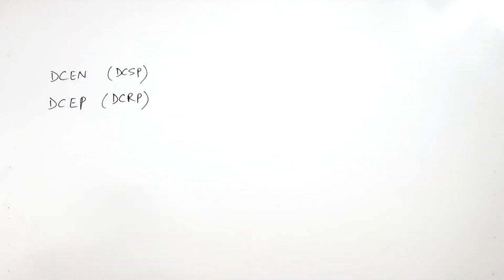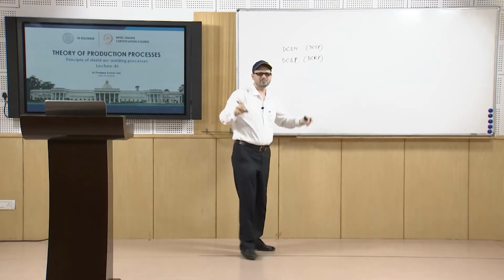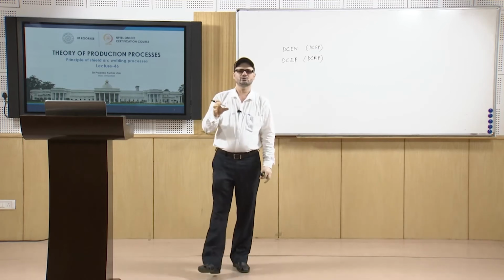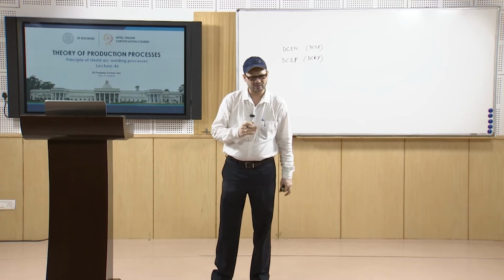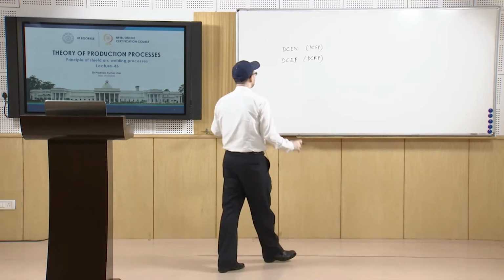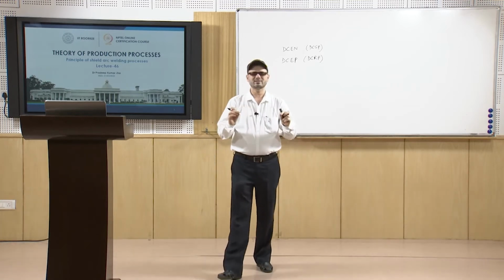In that case the maximum heat will be generated at the electrode. So the electrode will become more heated and will be consumed faster, but normally the penetration is smaller in this case, and that is normally used when you have thinner plates.